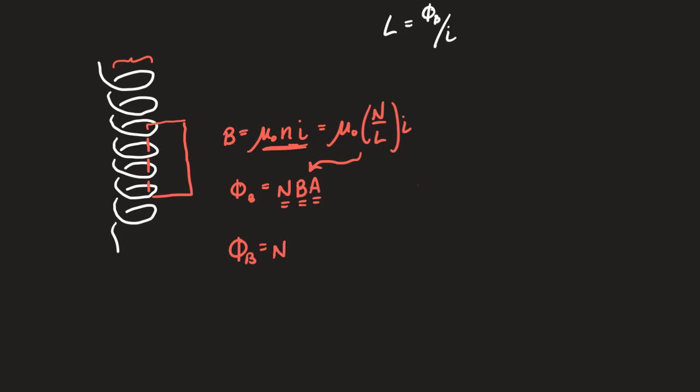So number of loops times mu naught N over L times I, all times the area, which gives me, for the flux, this number of loops squared. I didn't plan that out real well. Let's do it this way. Number of loops squared over the length times the area times mu naught times I.